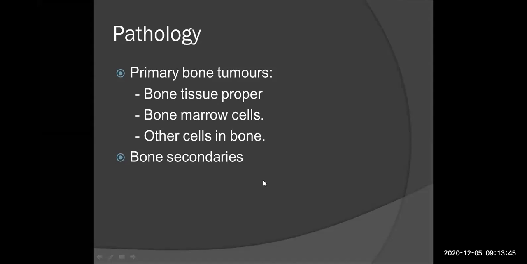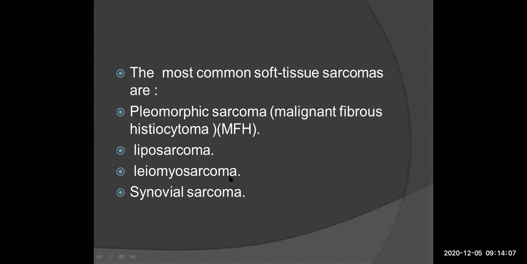The most common soft tissue sarcomas are malignant fibrous histiocytoma, what is known now as pleomorphic sarcoma. We have benign fibrous histiocytoma also, so you should say whether it is malignant fibrous histiocytoma.